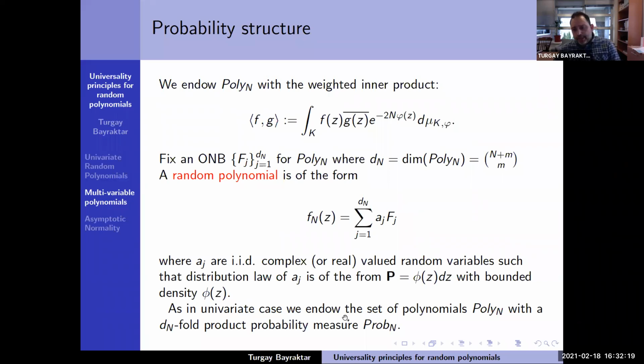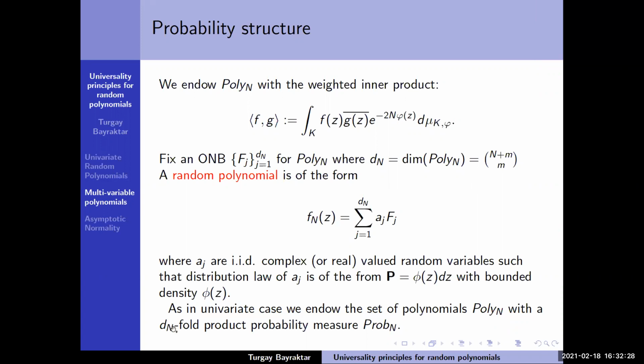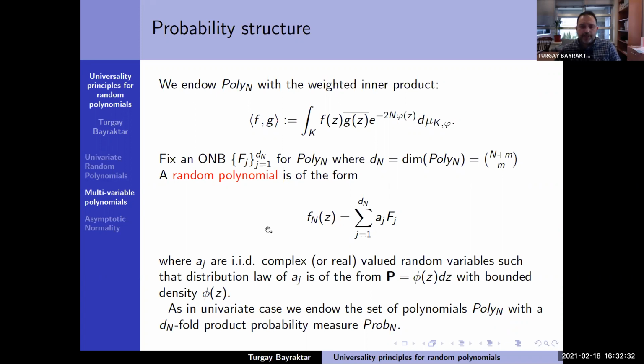So as in the univariate case, we now put a probability measure on the space. How do we do this? We again identify the polynomial with its coefficients. Now we are in C^{d_N}, and then we put the product probability measure on C^{d_N} and pull it back by this identification.